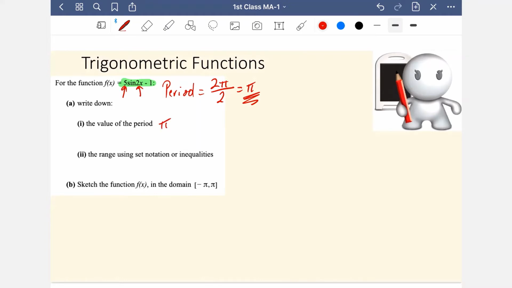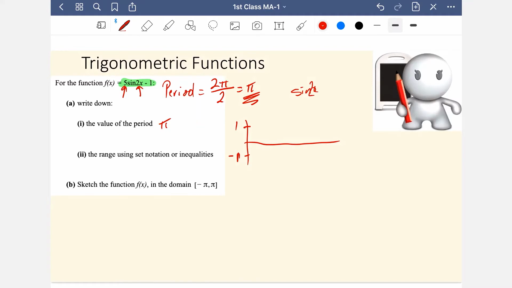Now, for the second part, write down the range using set notations or inequalities. Right. So let's see what actually happens here. So we need to build it up, right? So for the sine of x, okay, it oscillates between 1 and negative 1. Okay.